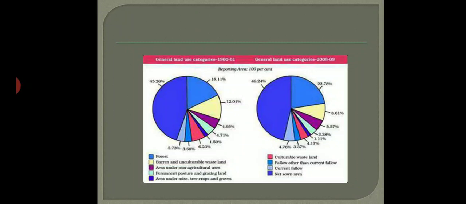A part of the land is termed as wasteland and land put to other non-agricultural uses.